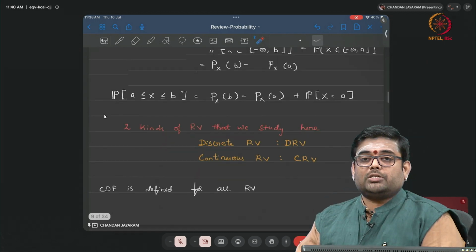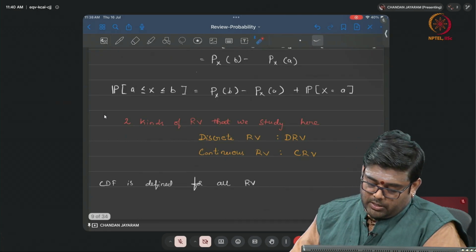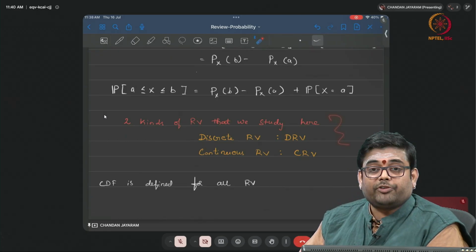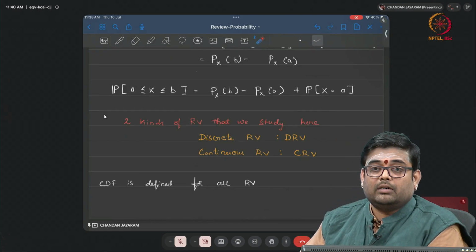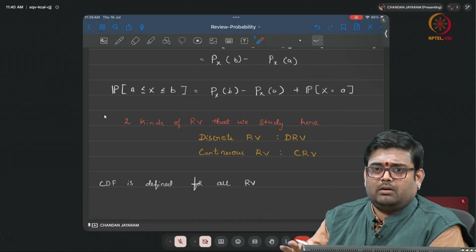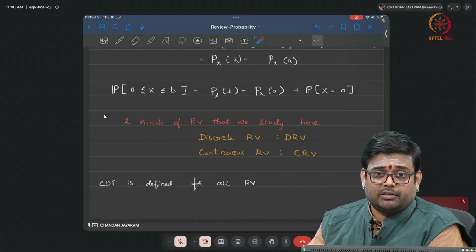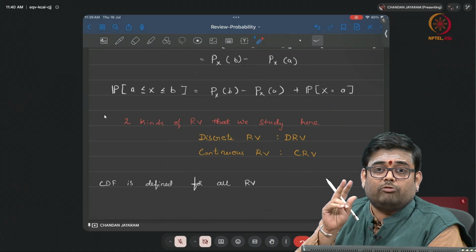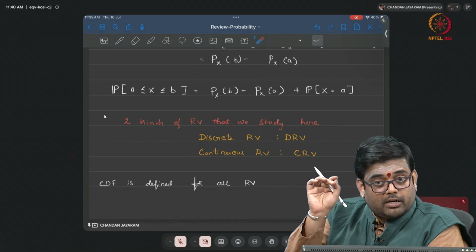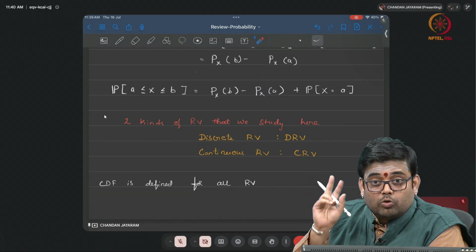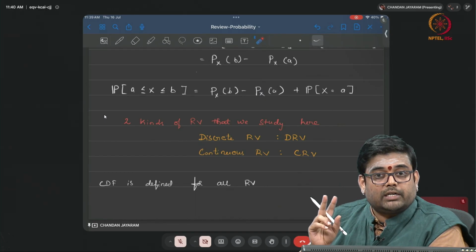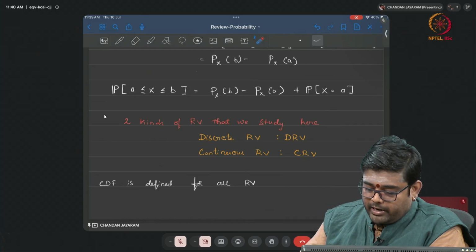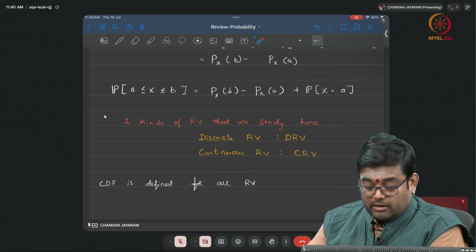Now, after going ahead with the CDF, let us look into the different kinds of random variables that we will be studying during our discussion. I am not saying that these are the only two kinds. The two kinds we shall be studying are the discrete random variable and the continuous random variable.